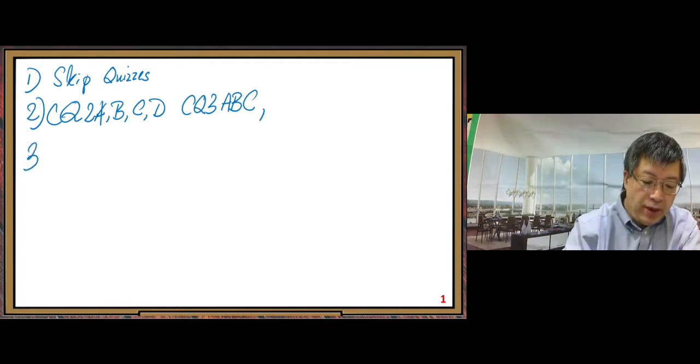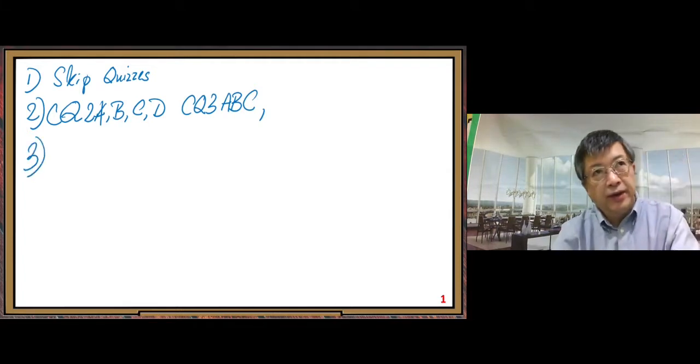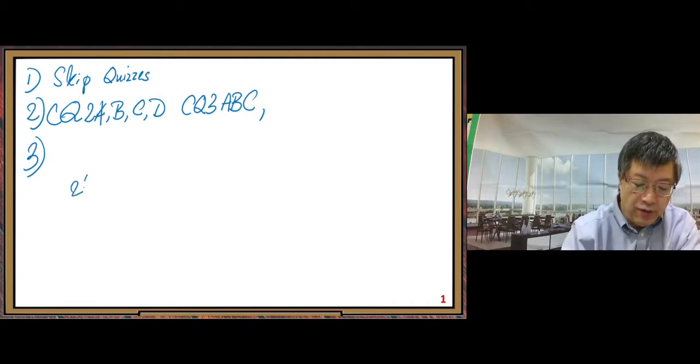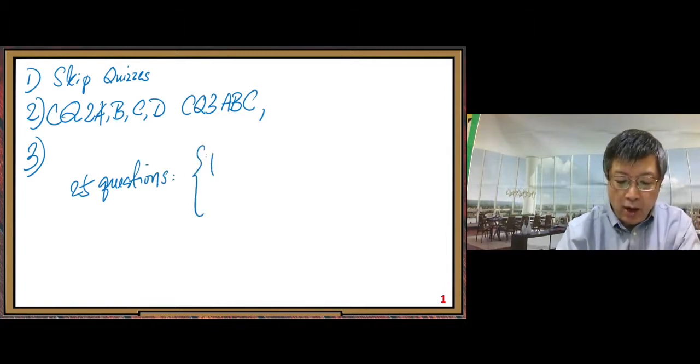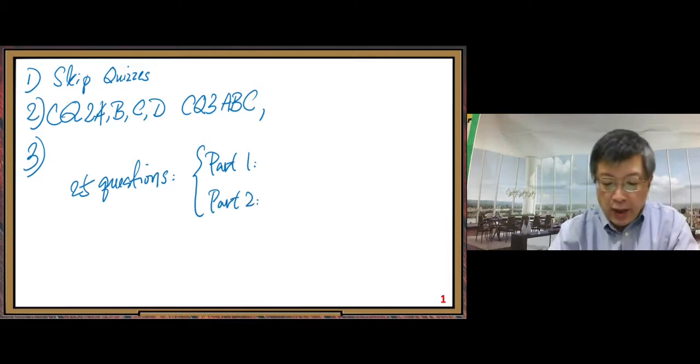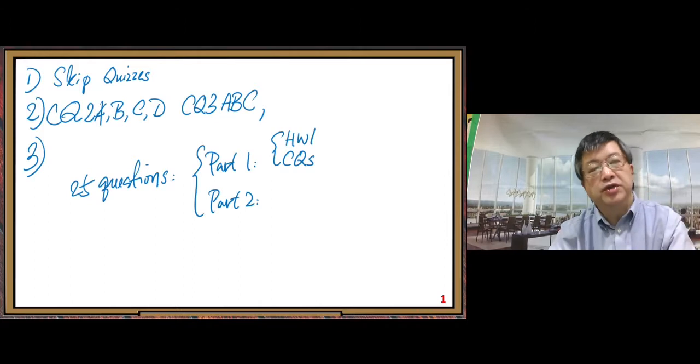And number 3, when I give you questions, the total is 25 questions. I like to divide it into 2 parts. Part 1, part 2. For part 1, I just modify from homework 1 and all the comprehension questions.